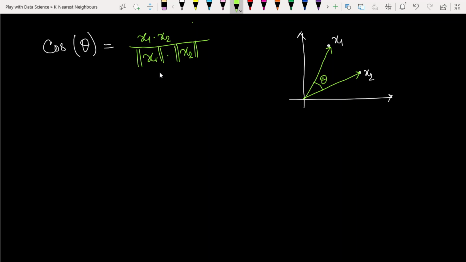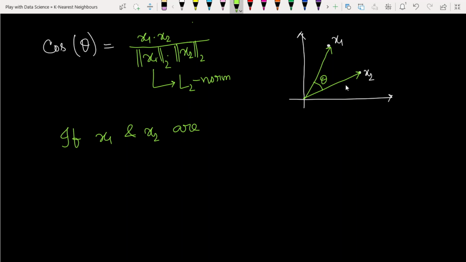We already know the value of cos theta between these two points is related to this thing. The norm here is the L2 norm. The L2 norm means Euclidean distance of x1 and x2. Okay. So suppose x1 and x2 are unit vectors.